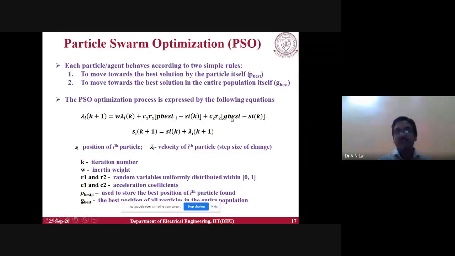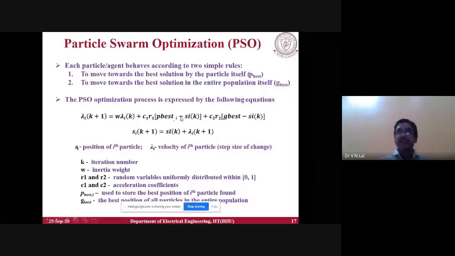Okay, so this is the position, previous position at kth instant. So best position minus the previous position will be the deciding factor for the step change, and again the global best position minus the kth instant position will be the deciding factor for this step size change in the position, that is velocity.